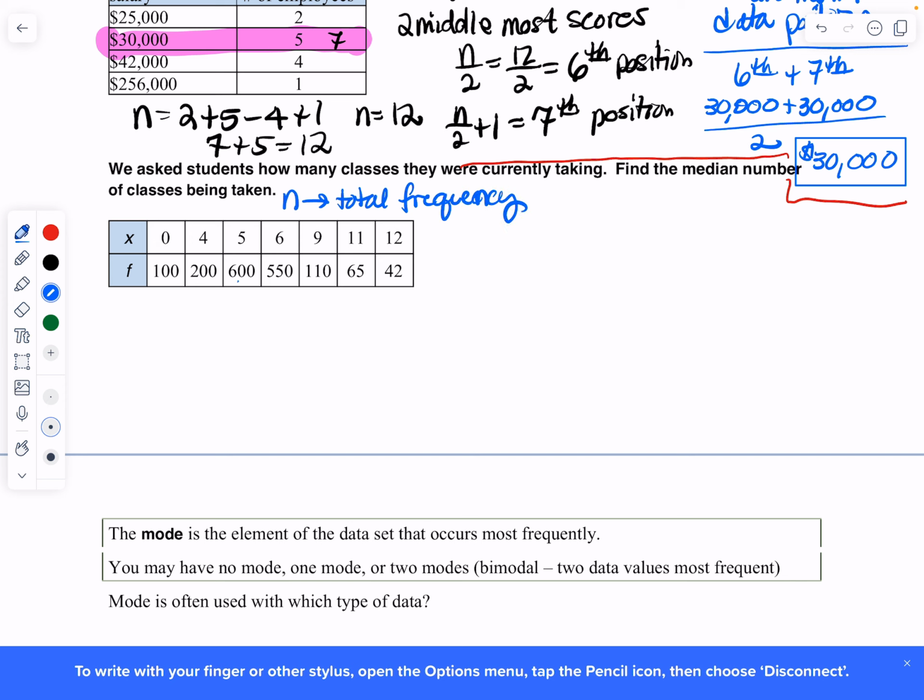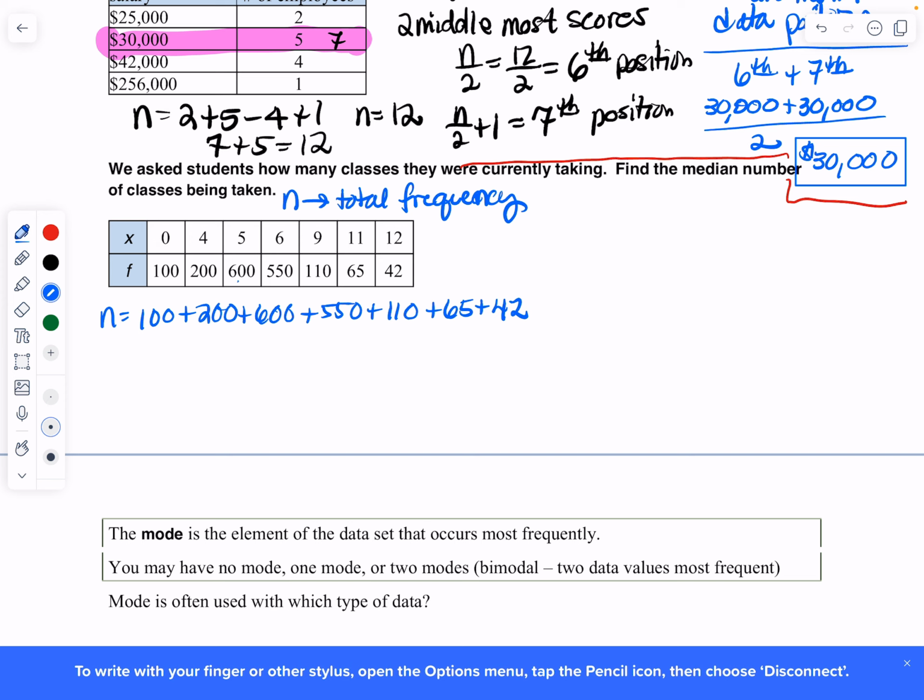Okay, so we're going to ignore the 0, 4, 5, 6, 9, 11, and 12, and we're going to look at the frequency. So to find n, I'm going to take 100 plus 200 plus 600 plus 550 plus 110 plus 65 plus 42. So let's go ahead and add those up. I'm going to use my calculator here. So you guys should be doing this too.